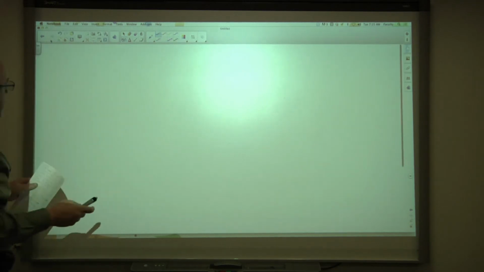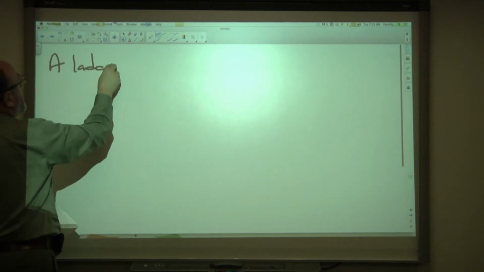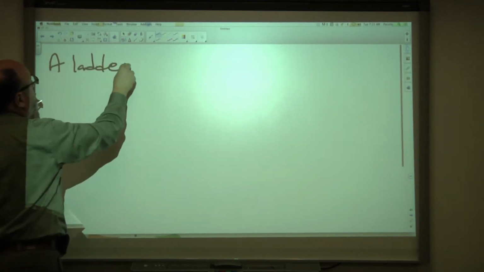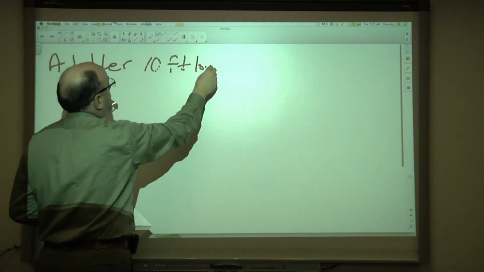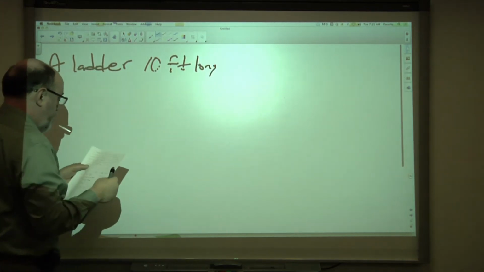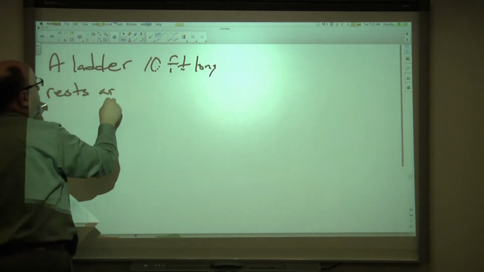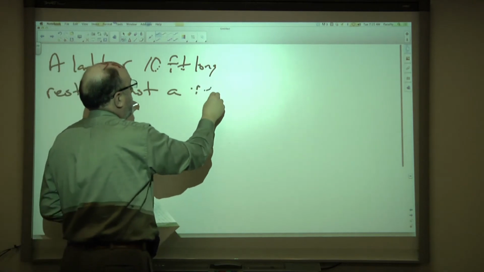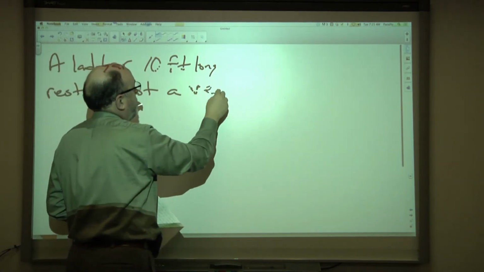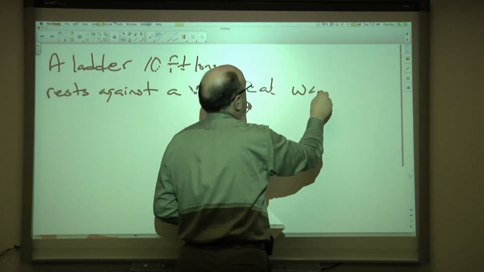This time we have a ladder which is 10 feet long, resting against a vertical wall.